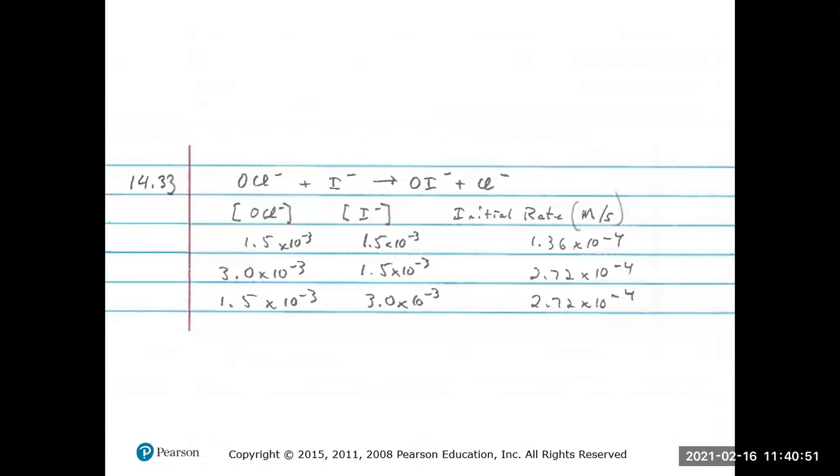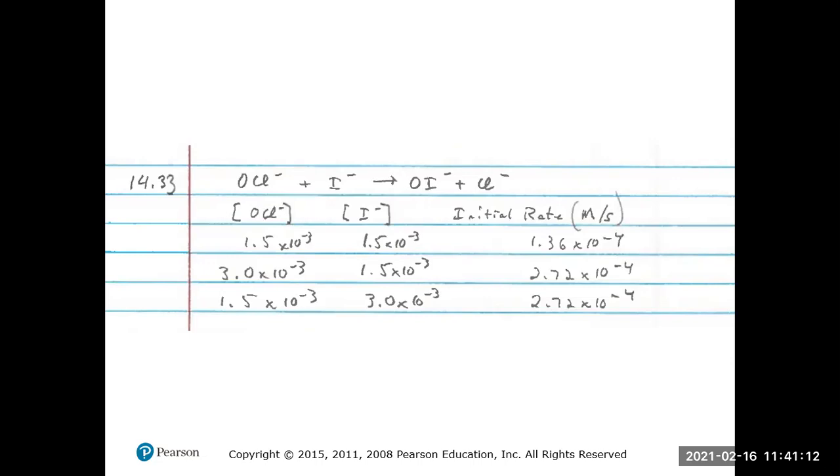14.33. So in 14.33, we're given this equation where hypochlorite ion and iodide ion react to give us OI minus and Cl minus. And then we're given some concentrations of the two reactants in each experiment.